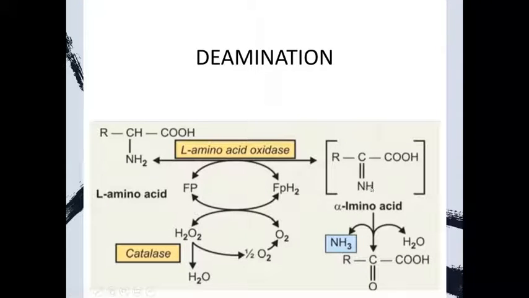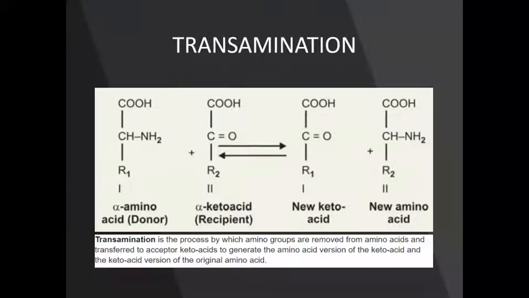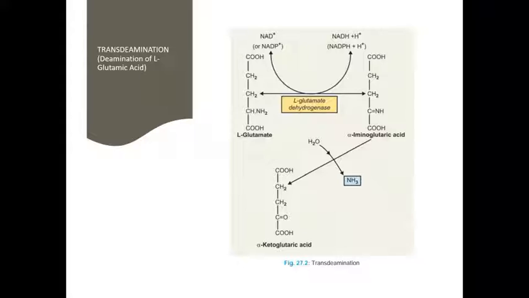Hydrogen is liberated in the form of water, and ammonia is also liberated here. So this is the removal of the amino group, and that is what we call deamination. Now next is trans-deamination. Trans-deamination is a combination of both deamination and transamination.